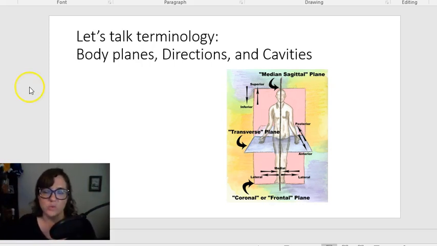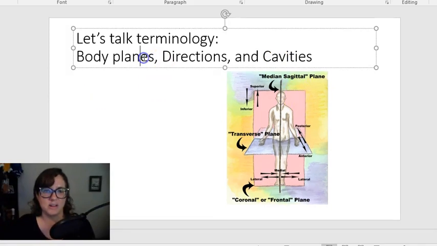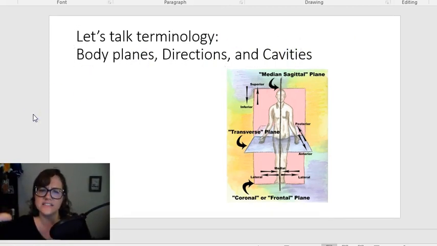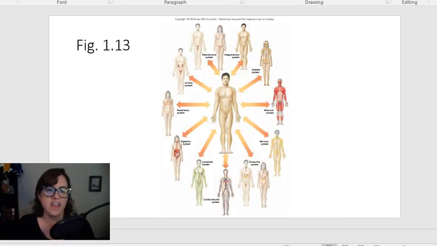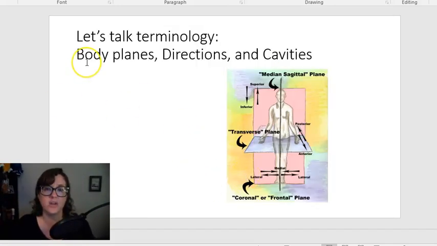But so what are those words? Some of them are a lot of what we're talking about today, which are the planes of the body, the directions, and the cavities. None of these things fit into the systems that we were talking about here, but they relate to all of them. This is how we talk about the body, like when we're talking about directions in the body, because we can't just say, use the right atrium, because are we talking about my right?